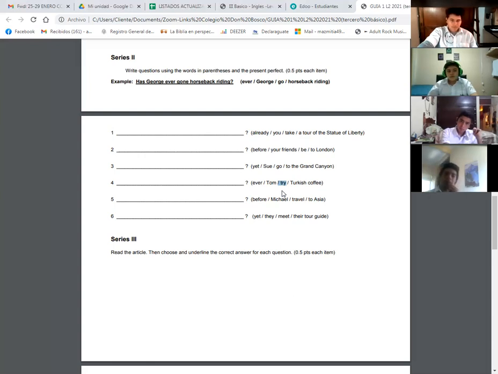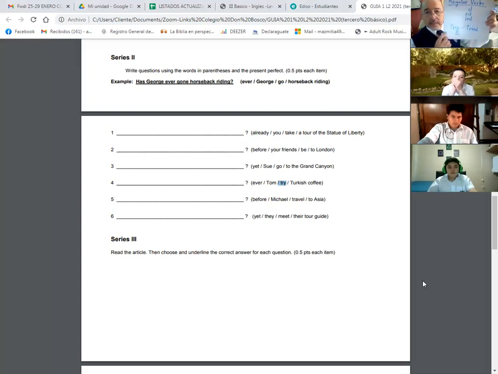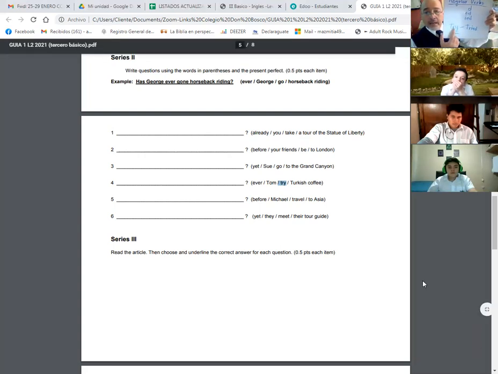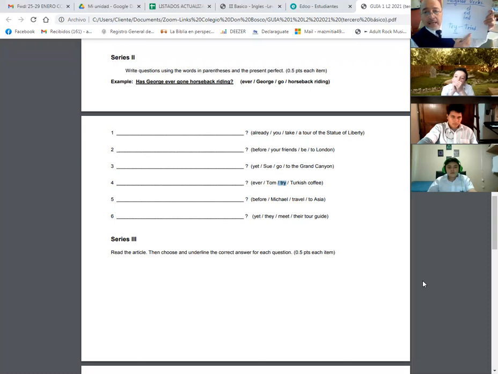Don't forget to make an accent on or reinforce the last letter D, tried. So what we do is take the Y and add IED. Here we take Y from try and add IED, tried. Okay? All right, good.